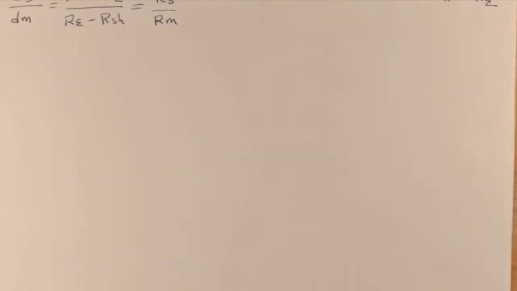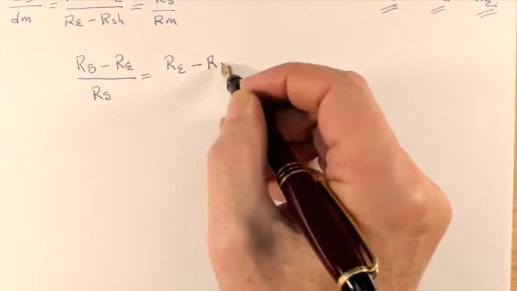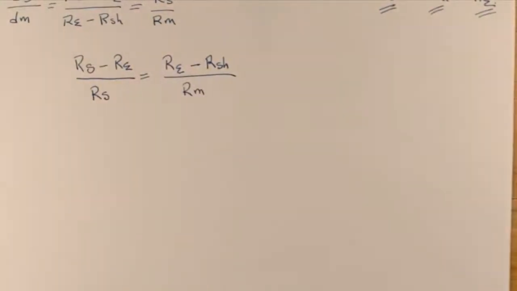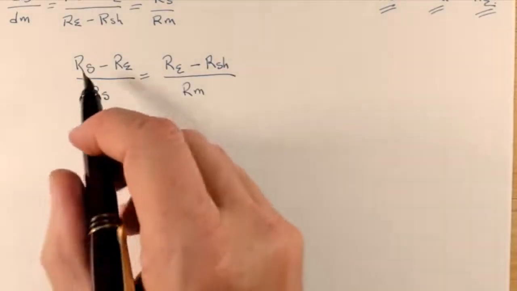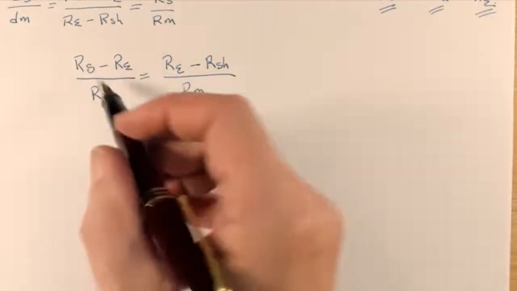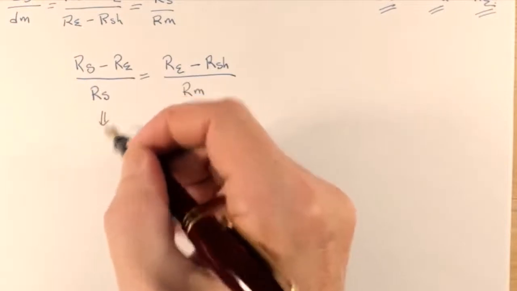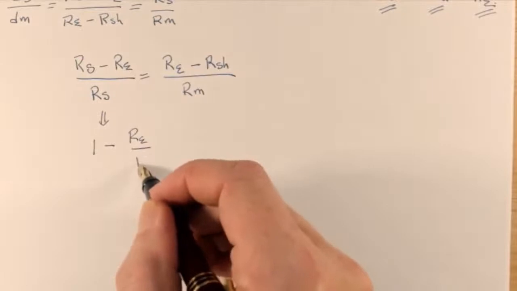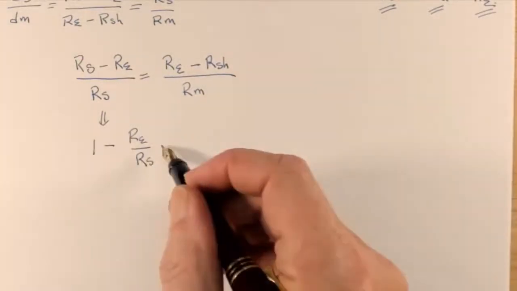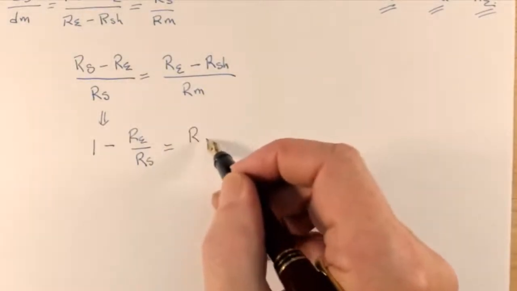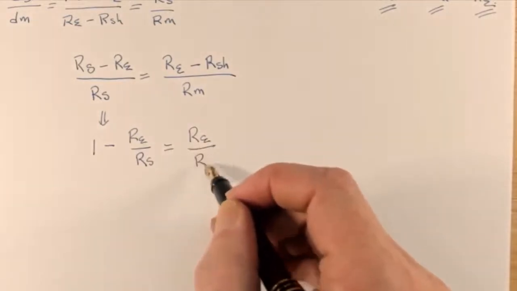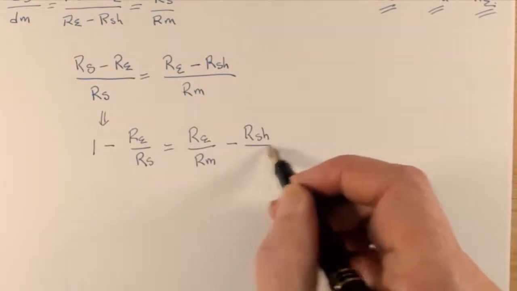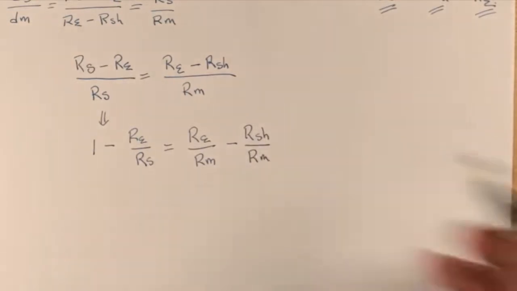Okay, so now we need to do a little bit of math. One thing that should be immediately apparent is that we have two similar terms here. So we can rewrite this: 1 minus the radius of the Earth over the radius of the Sun equals the radius of the Earth over the radius of the Moon minus the radius of the shadow of the Earth over the radius of the Moon.